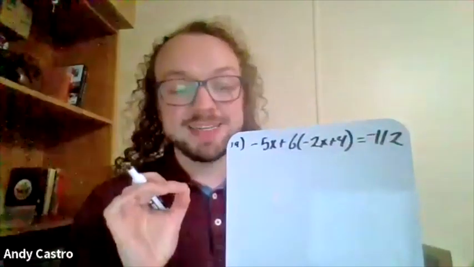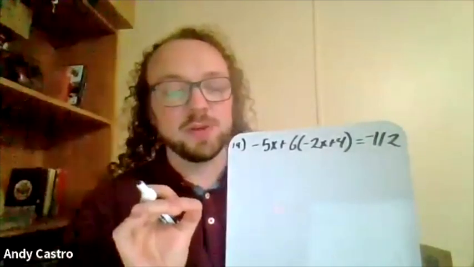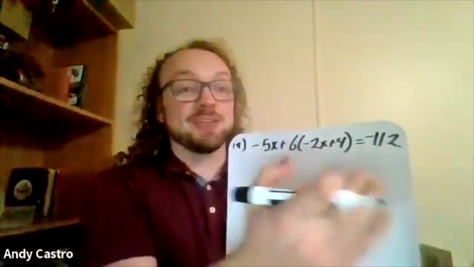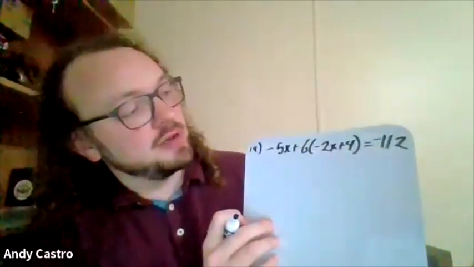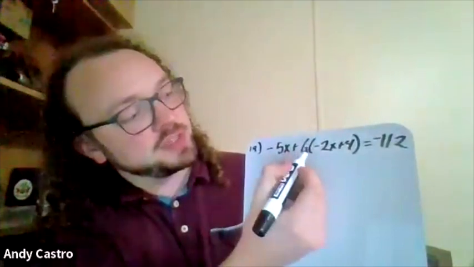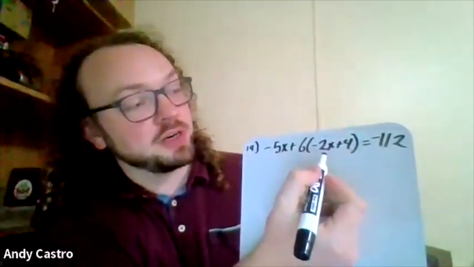Right, so this is question 19 from your homework, which was homework number 3. Seems like there's a lot going on here, so we're just going to take it bit by bit, step by step. Following order of operations, I would look in the parentheses, but there are no like terms here.